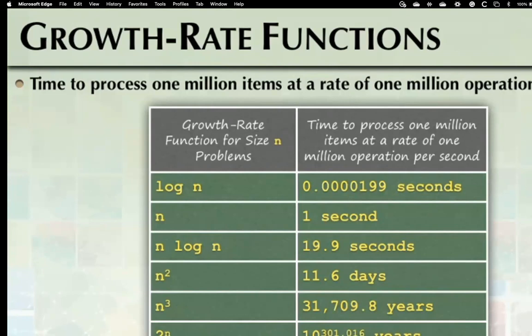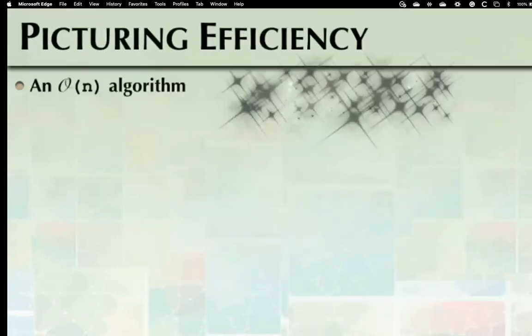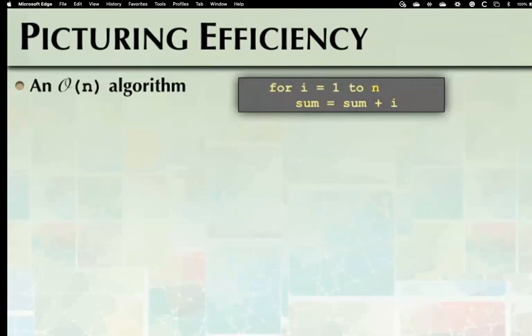For example, at the rate of 1 million operations per second, a big O of n cubed algorithm would take 1 second to solve a problem whose size is 100. A big O of 2 to the n algorithm would take about 1 second to solve a problem whose size is only 20. To picture some of these growth rate functions, let's look at the number of operations for some simple loops.